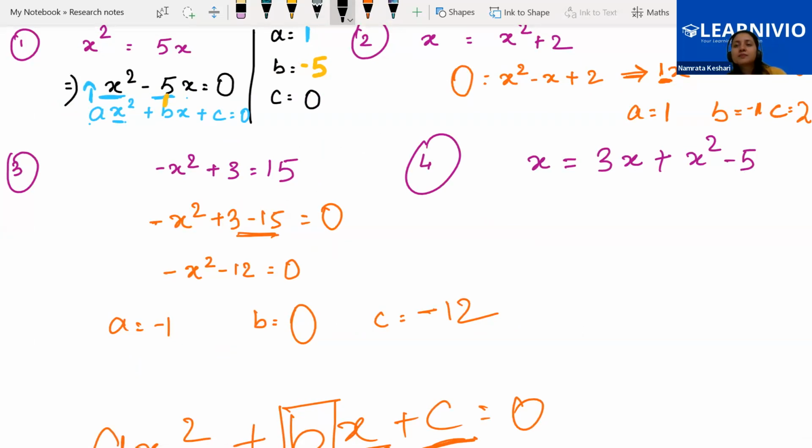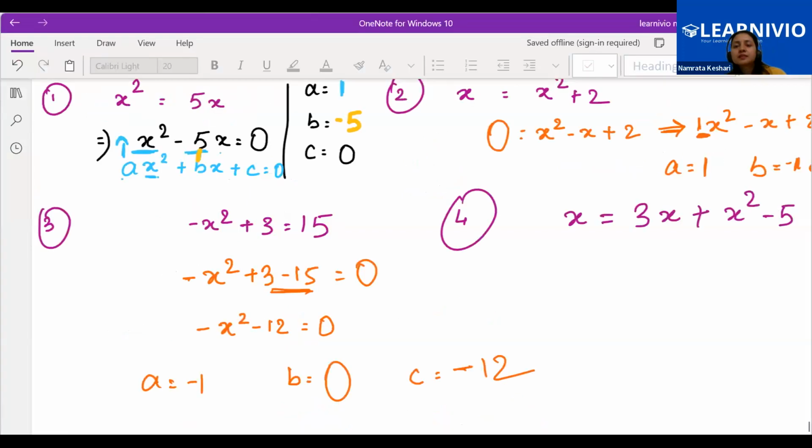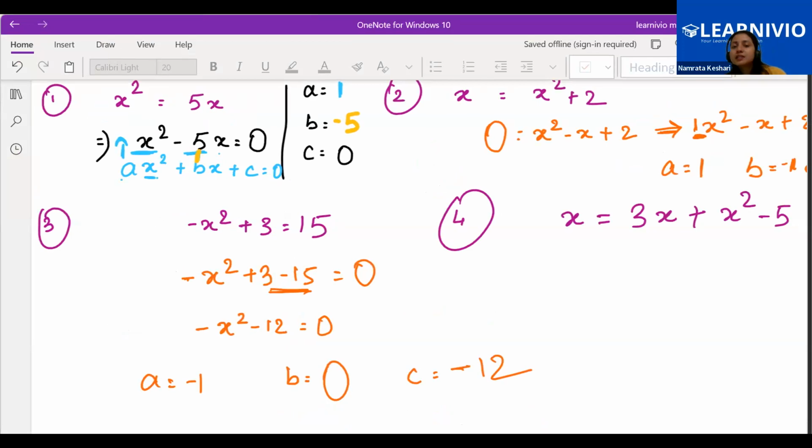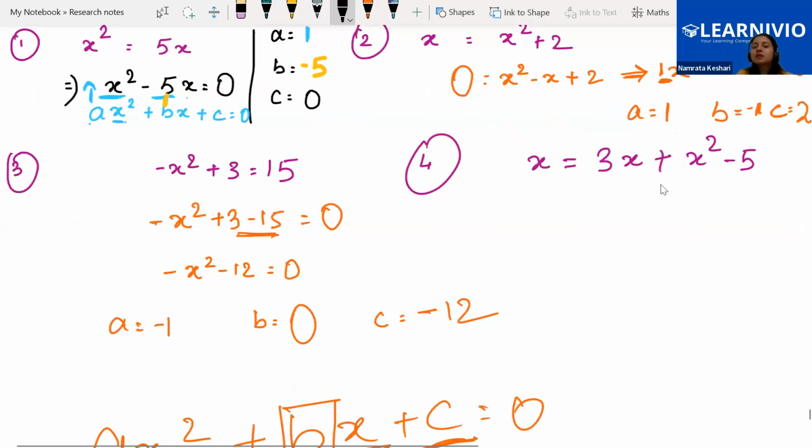Any side we can make 0. Left hand side also we can make 0. This x we can shift to the other side. Now tell me, Abdul, what are we going to have?